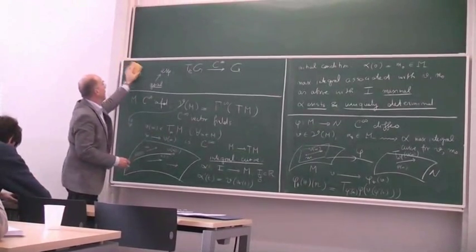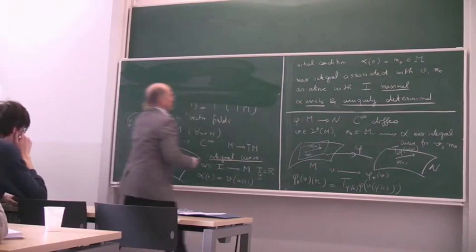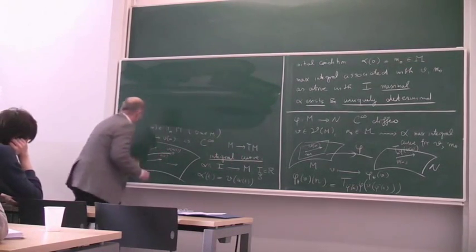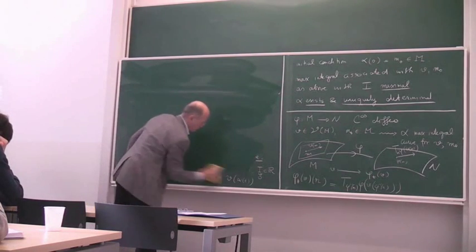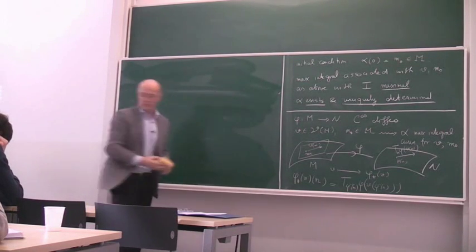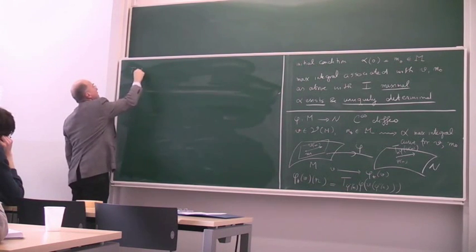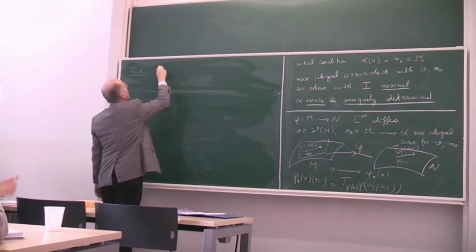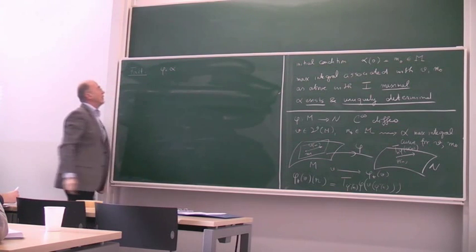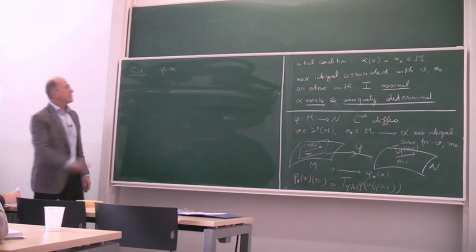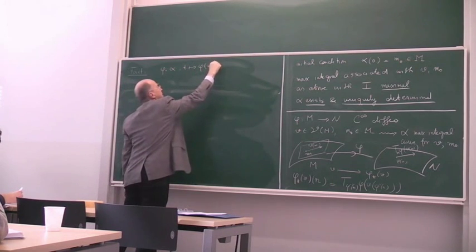So this is an important property, a fact that is easy to check from the definitions. If you take the composition of phi and alpha, so this is the curve mapping t to phi of alpha of t.